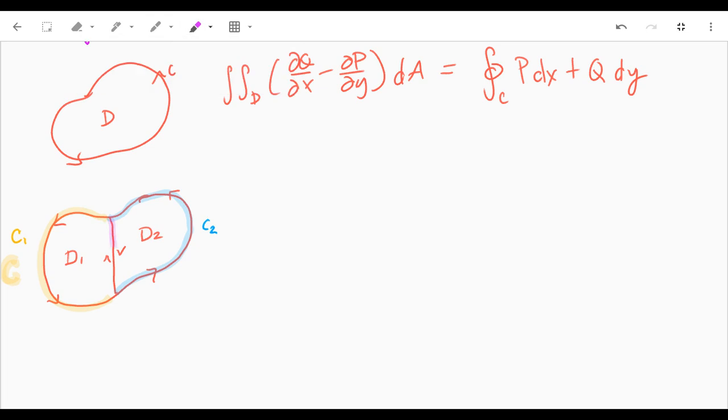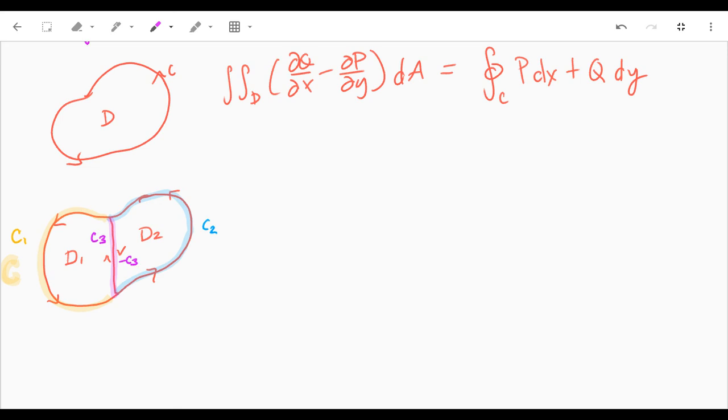So what we might do here is say that this guy is C3 on D1, which means it's negative C3 on D2 to maintain the orientation. If C3 points up, then negative C3 has to point down.